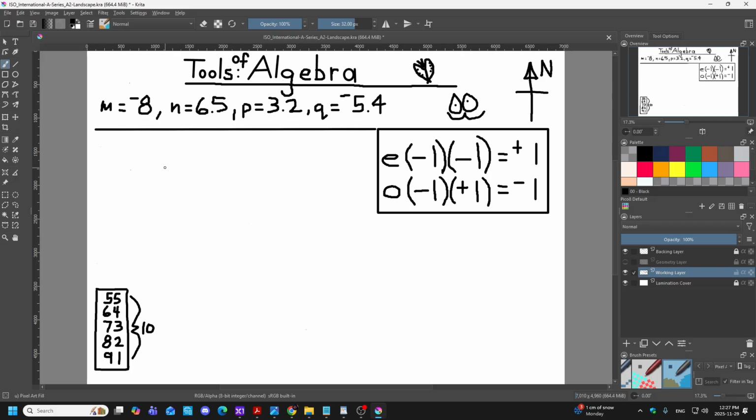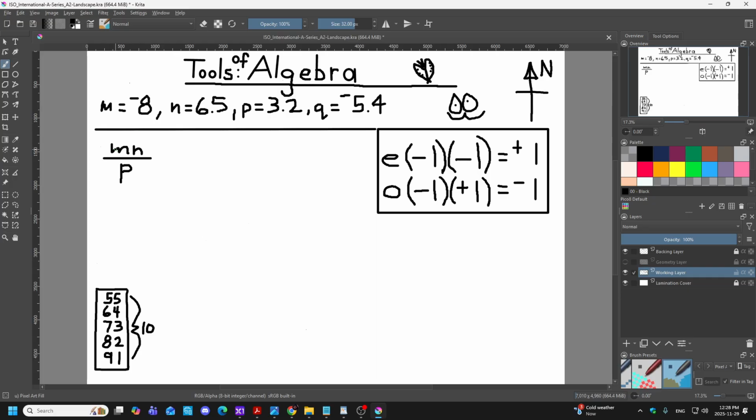The question is m times n over p. My apologies. Simply all we need to do is substitute wherever you see a variable, insert the value that is associated with that variable.